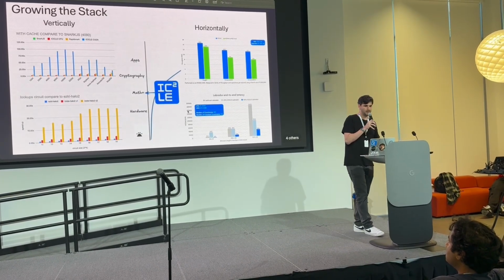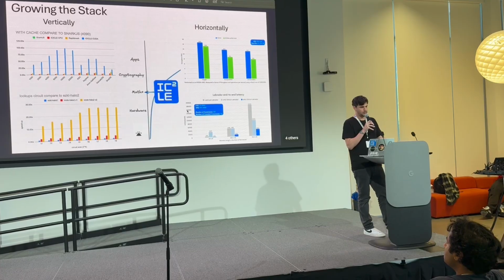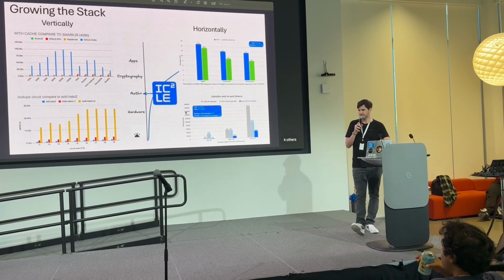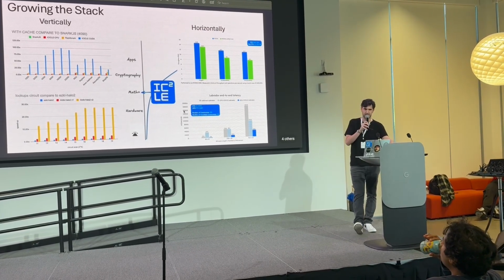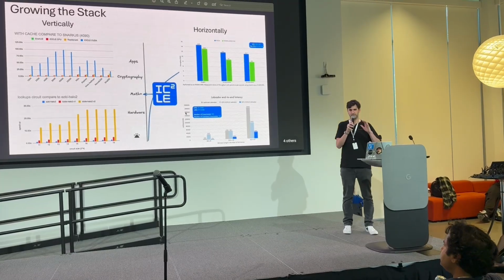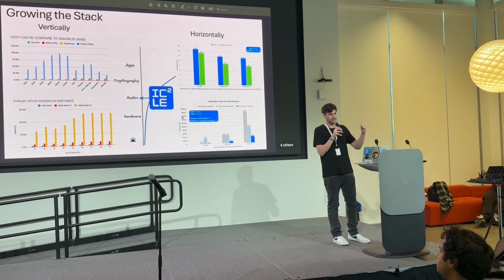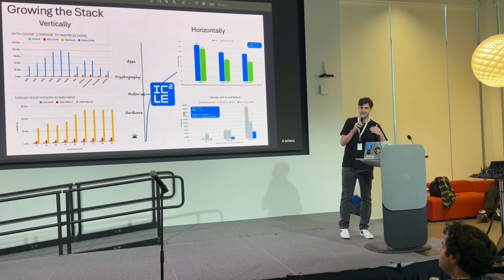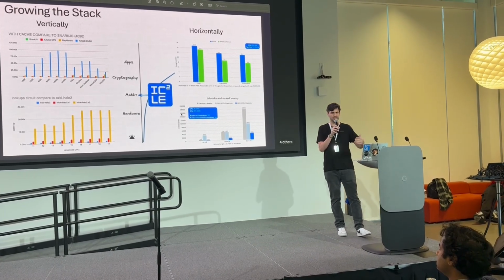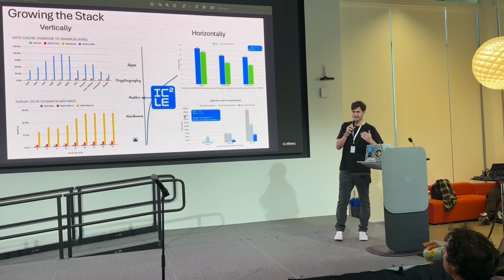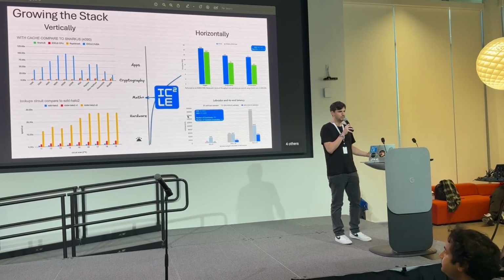Now, how can we go from here? I want to explain how we grow the software vertically and horizontally, and for that, let me give you a quick mental view of the steps. At the very bottom we have the hardware, then we have math primitives, which is where we are today. Then you can build protocols like ZK, FRI, and then you have applications.